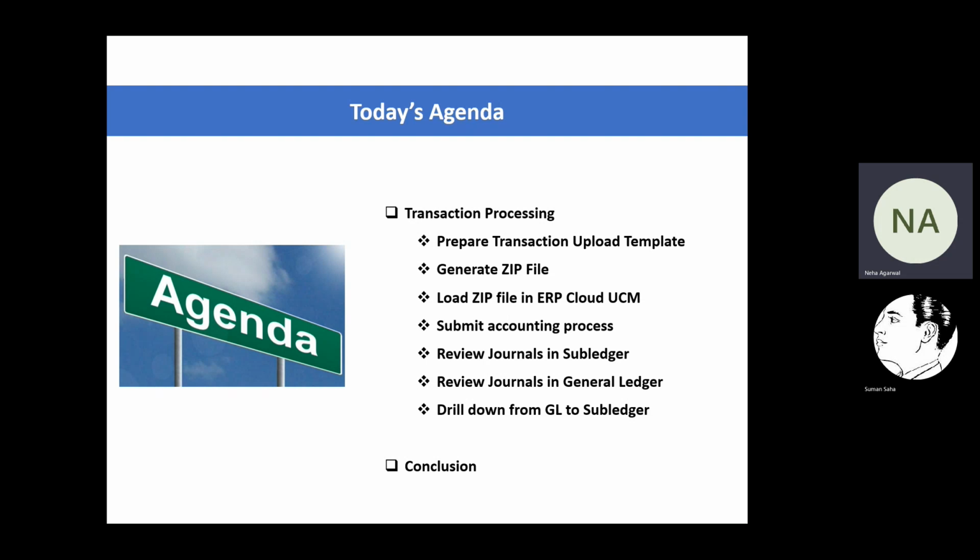Once our processes are submitted and all the processes are successfully completed, we will review the general entries in the subledger and the general ledger module. And we will see how we can drill down from GL to subledger. And then we will be just concluding the topic. So this is our today's agenda.